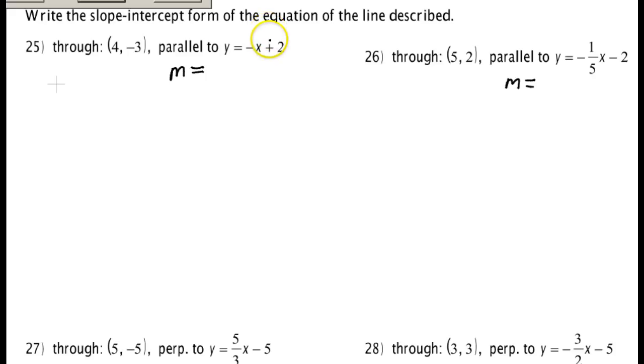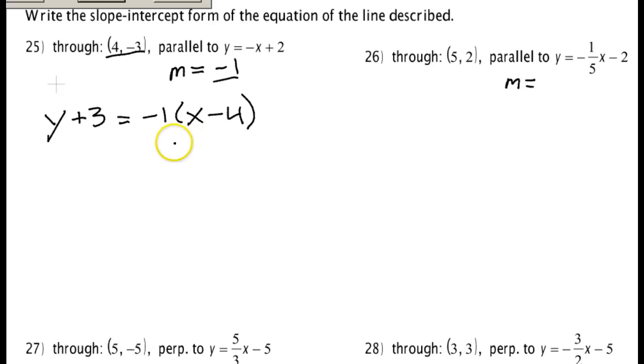What is the slope? Let's try this. Negative 1. So now we have a point and a slope. Y plus 3, remember the signs are different, equals negative 1 times x minus 4.